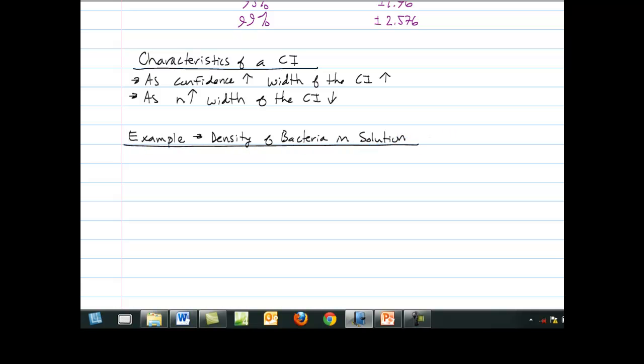Okay, and again, we're using the same assumptions as before. We're assuming that we know sigma. So we are looking at some bacteria in solution, and the measurement equipment that's trying to measure the amount of bacteria in solution has a normal distribution with a standard deviation of sigma equals 1 million bacteria per mL of fluid. So let's write that out.